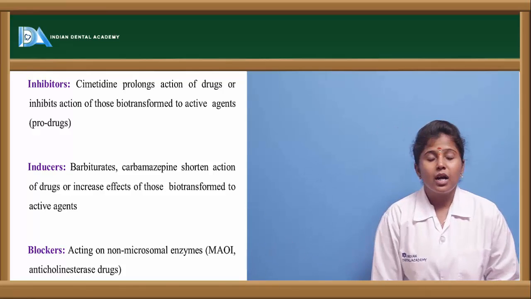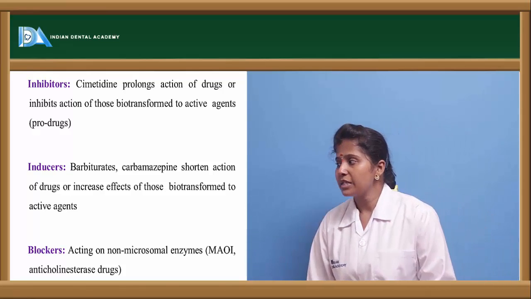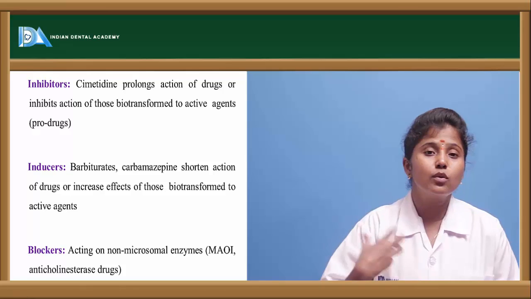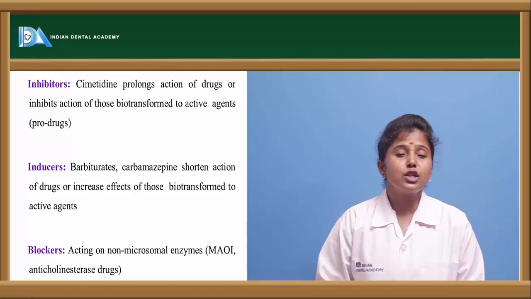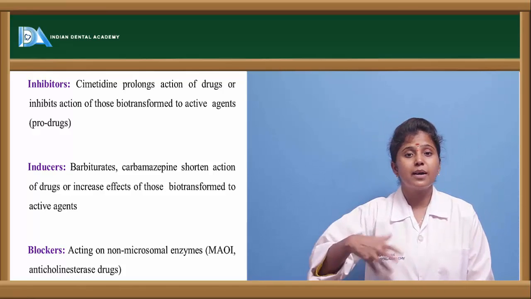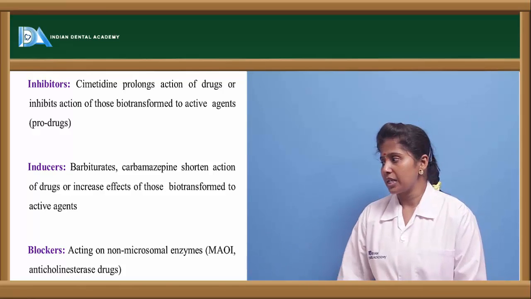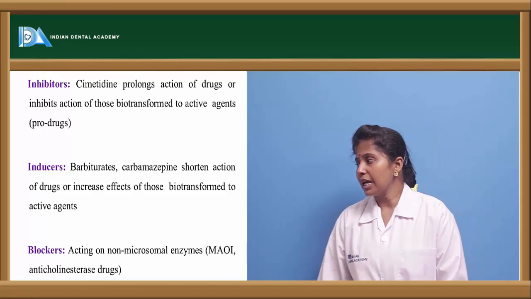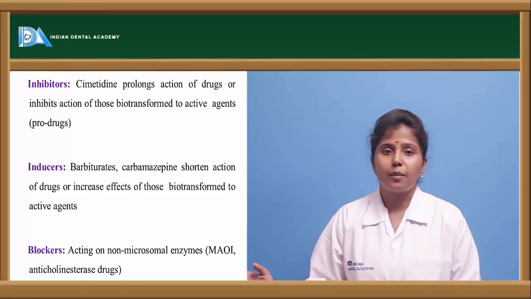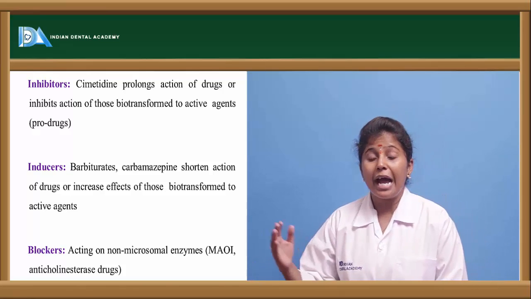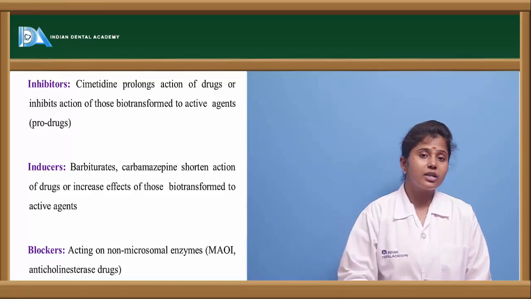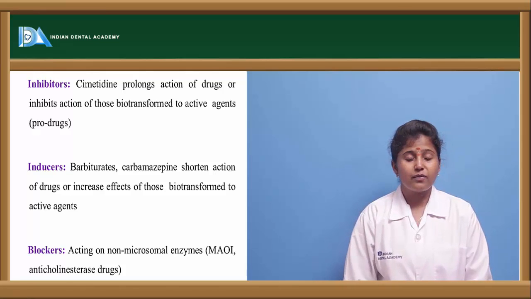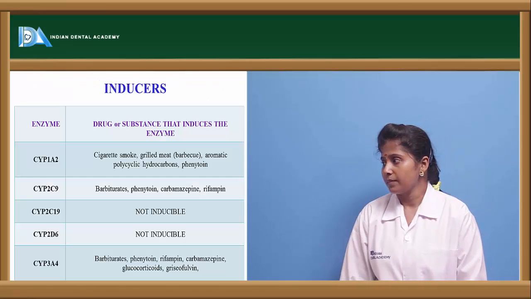Inducers like barbiturates and carbamazepine potentiate the action of cytochrome P450, so more metabolism takes place. Blockers, like MAO inhibitors or anticholinesterase drugs, block the action of cytochrome P450, inhibiting the metabolism of the drug.